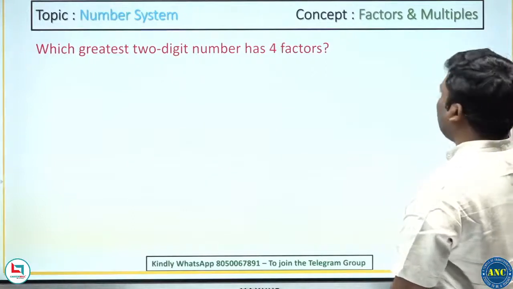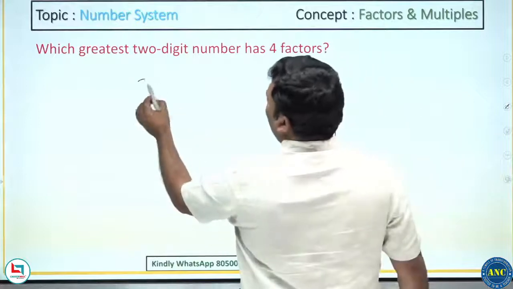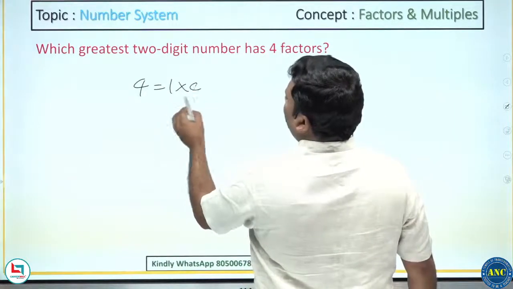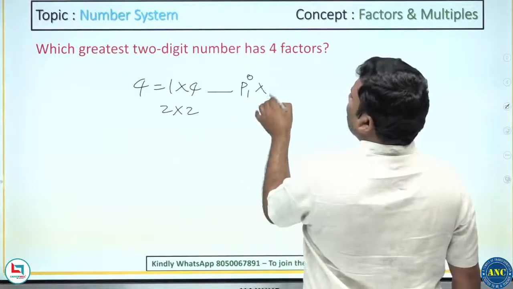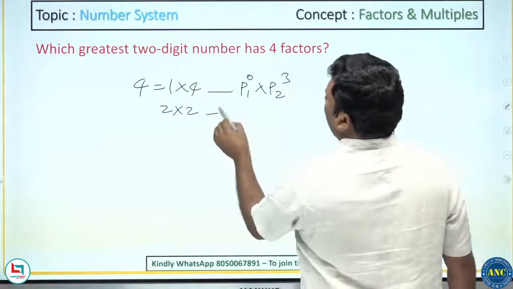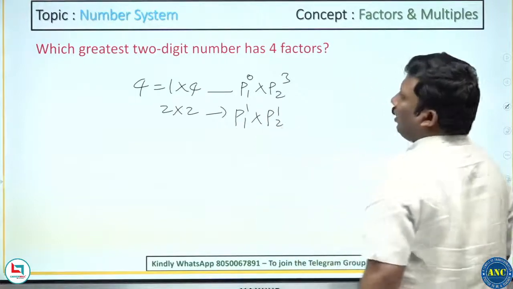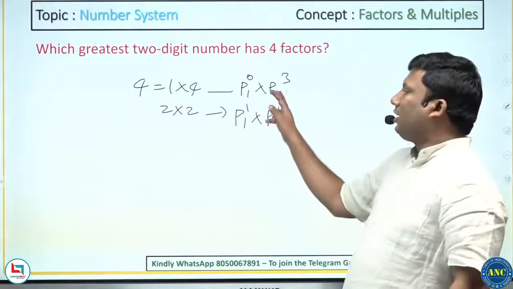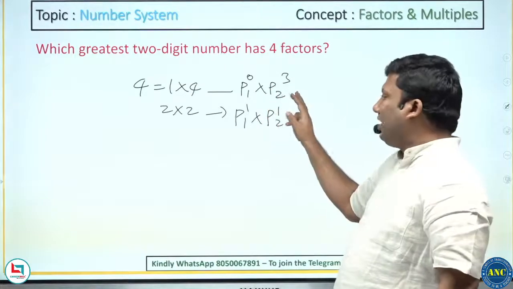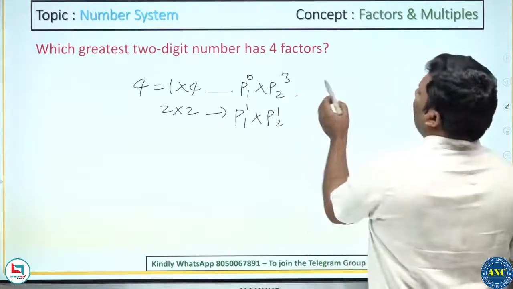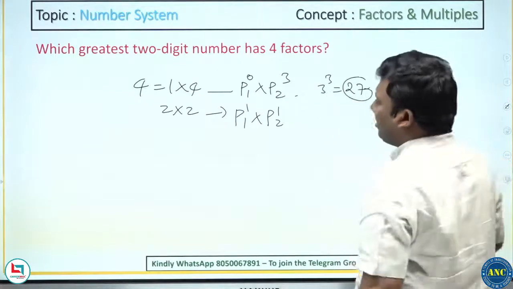Which greatest 2-digit number has 4 factors? Same model. 4 factors is 1 into 4 and 2 into 2. This will be P1 power 0 into P2 power 3, or P1 power 1 into P2 power 1. Greatest 2-digit number. If I take P2 as 3, 3 cube is 27. 5 cube is 125, so because of this I am getting 27.